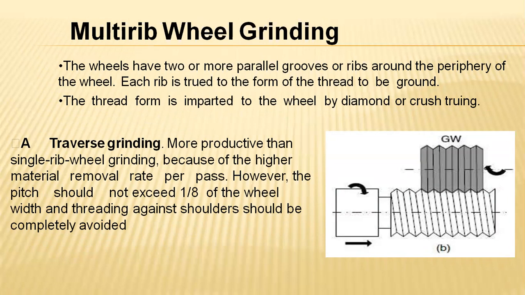And coming to the traverse grinding process, it is a more productive process. It is commenced by this single rib wheel grinding process. But in this condition, we will have a high MRR rate, so high material will be removed, and high cutting depth is progressed.